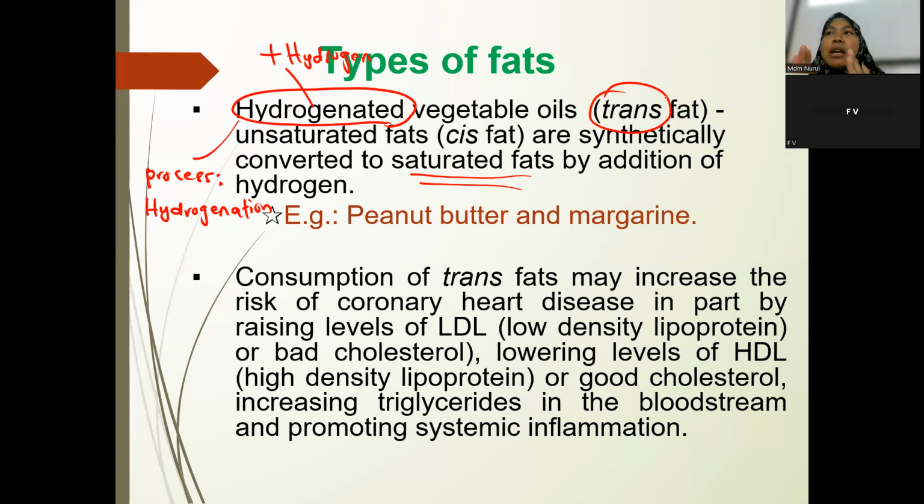So lemak yang telah ditukar daripada unsaturated kepada saturated dengan cara penambahan hydrogen. Okay, so it happens synthetically. Synthetically maksudnya secara sintetik, bukan natural. Kita yang buat sendiri dekat lab ke, dekat kilang ke. Right? So it's a process where unsaturated fat is converted into saturated fat by addition of hydrogen.